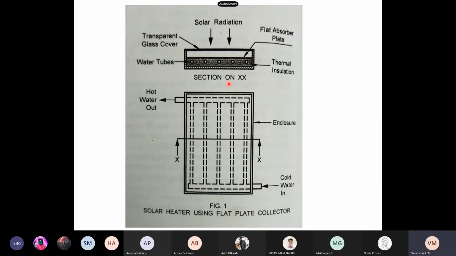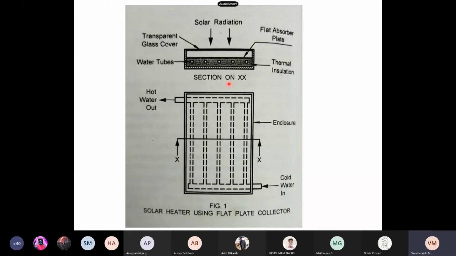When the radiation strikes the absorber plate, the heat energy is reflected back to the glass cover, and the cover reflects the energy back to the absorber plate. The copper tubes are provided in thermal contact with the flat plate, and heat is transferred from the absorber plate to the water, which is circulated in the copper tubes through the flat plate collector.